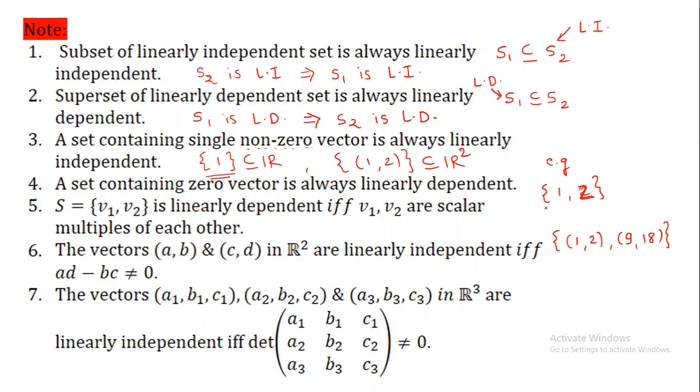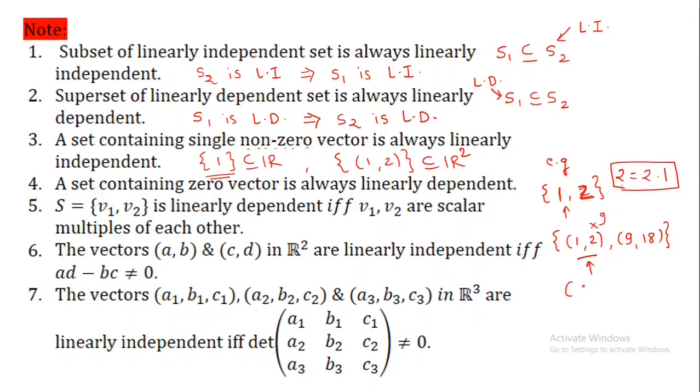How? Because if you multiply this first vector by 2, then you get this vector, right? And over here if you multiply this vector by 9, then you get this vector. So it means that these two vectors are scalar multiples of each other. This 2 can be written as 2 multiplied by 1, so 2 is a scalar multiple of 1.